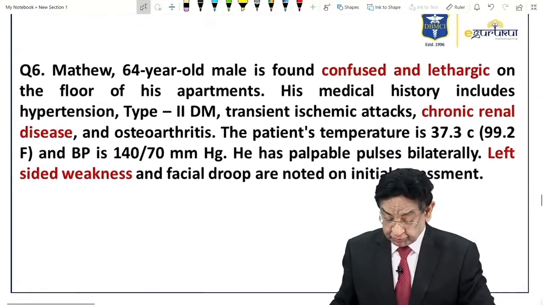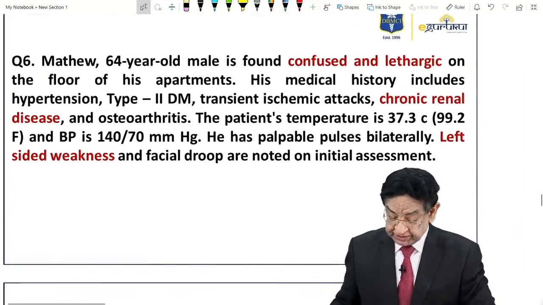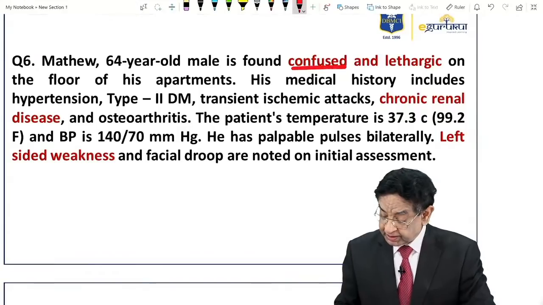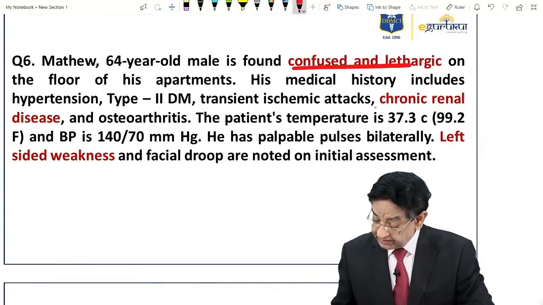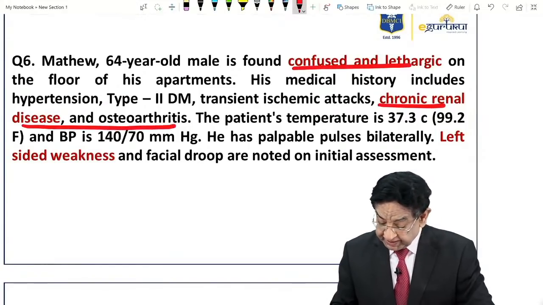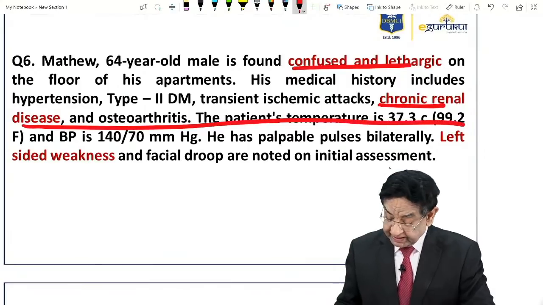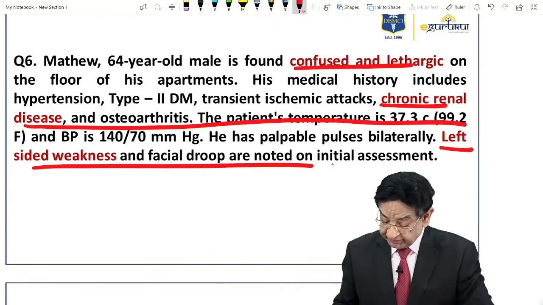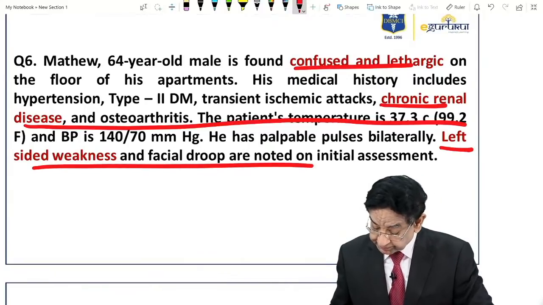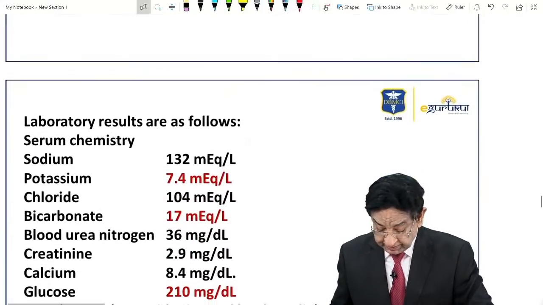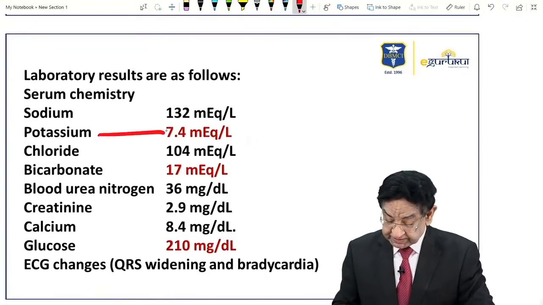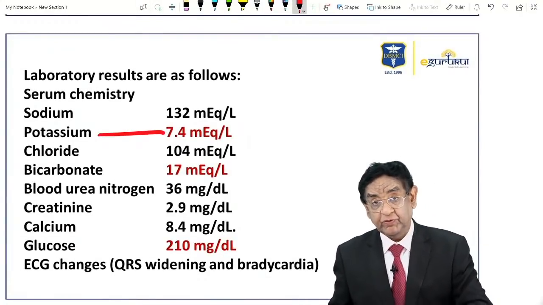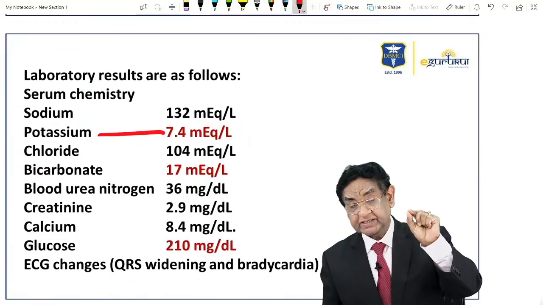Let's talk about question number 6. A 64-year-old, confused, lethargic, chronic renal failure, temperature 99.2, left-sided weakness and facial droop are noted. Potassium level is very high, 7.4, and he has muscle weakness also.